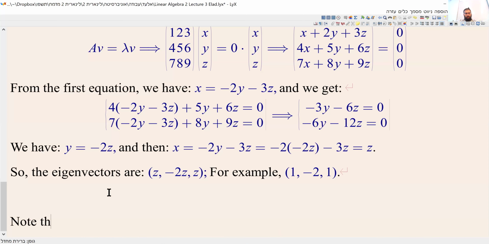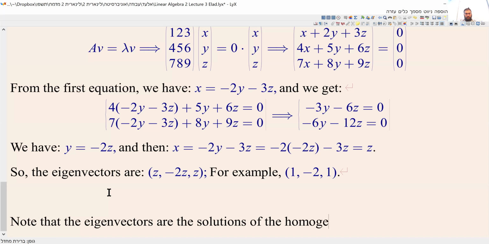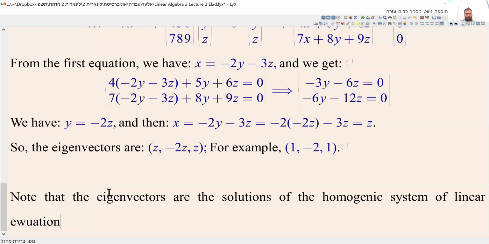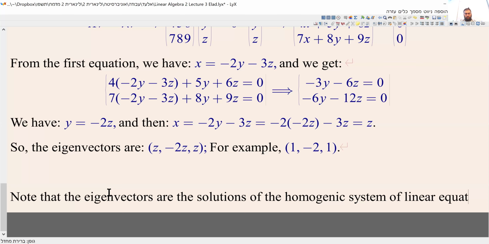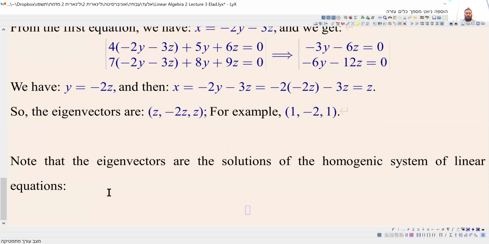Note that the eigenvectors are the solutions of the homogeneous system of linear equations, A minus lambda I, or lambda I minus A, times v is zero.